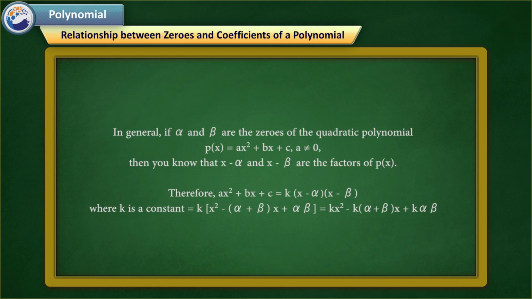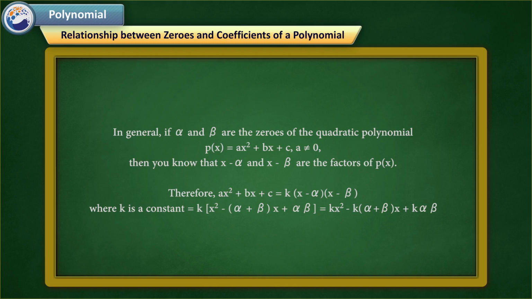Relationship between zeros and coefficients of a polynomial. In general, if alpha and beta are the zeros of the quadratic polynomial p of x is equal to ax squared plus bx plus c, a is not equal to 0, then you know that x minus alpha and x minus beta are the factors of p of x.